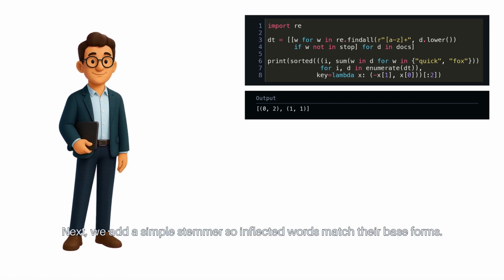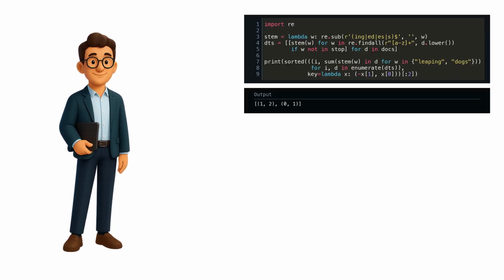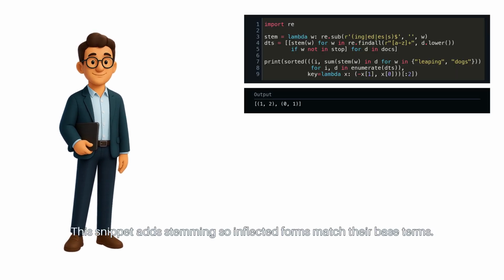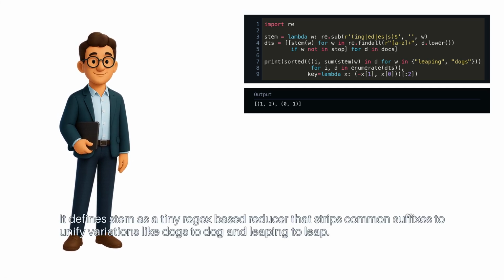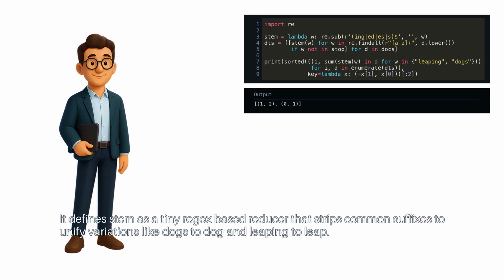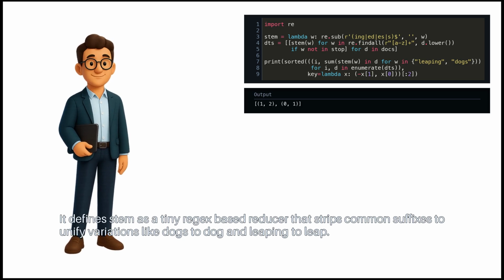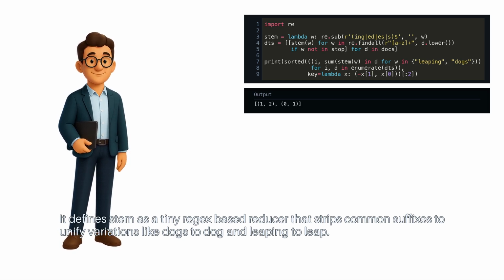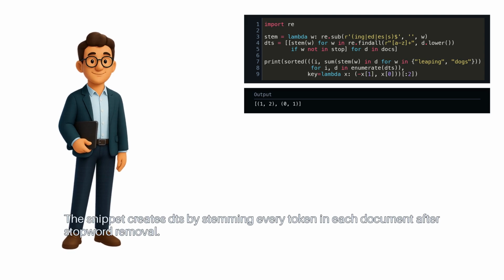Next, we add a simple stemmer so inflected words match their base forms. This snippet adds stemming so inflected forms match their base terms. It defines stem as a tiny regex-based reducer that strips common suffixes to unify variations, like dogs to dog and leaping to leap. The snippet creates DTS by stemming every token in each document after stopword removal.